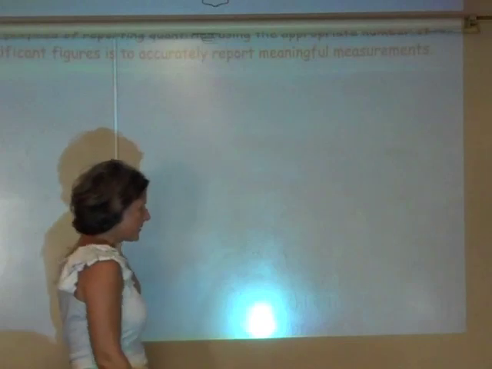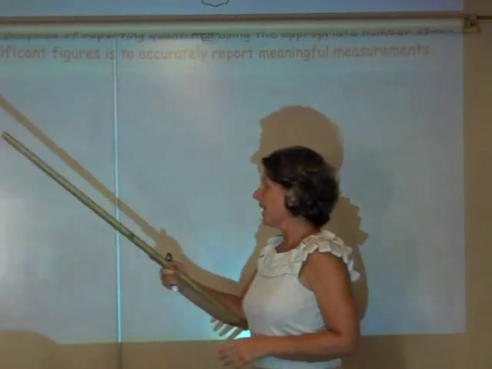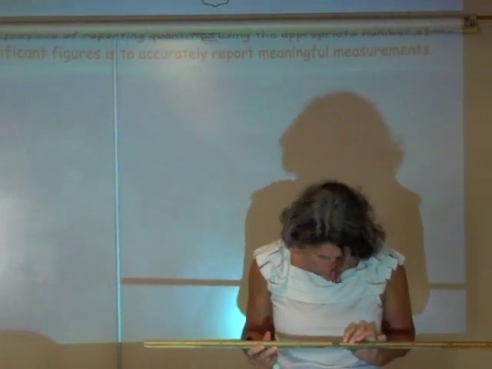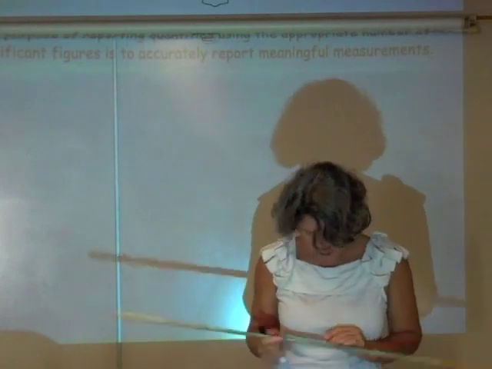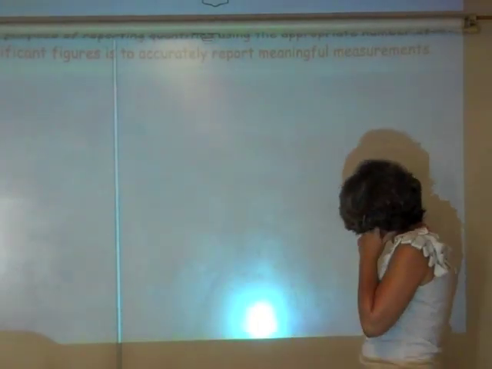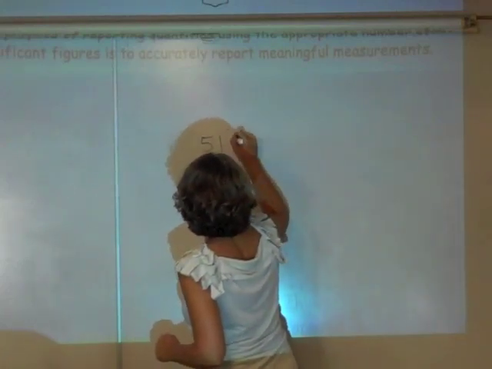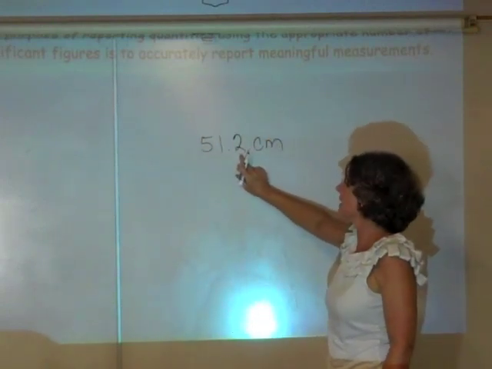I'm going to use a meter stick to measure my distance, and my meter stick can measure millimeters. So let's say the distance I traveled was 51.2 centimeters. This is as accurate as I can get.